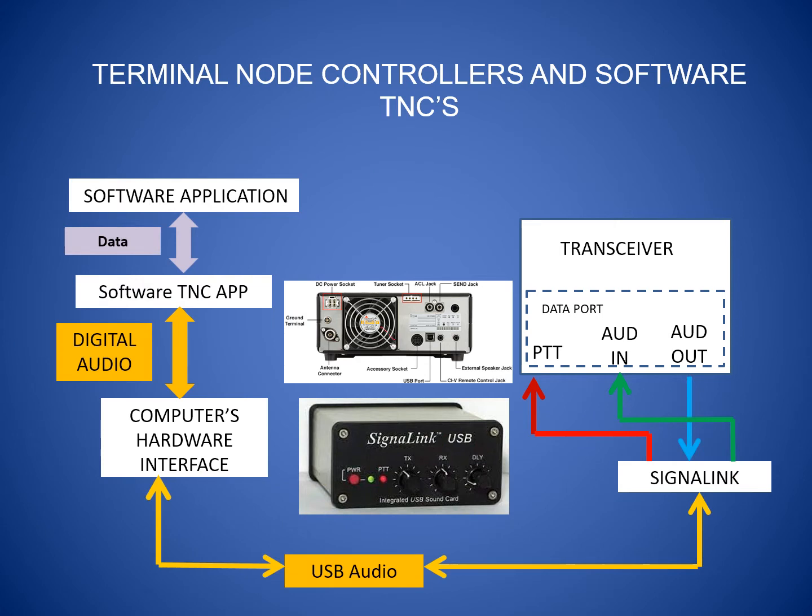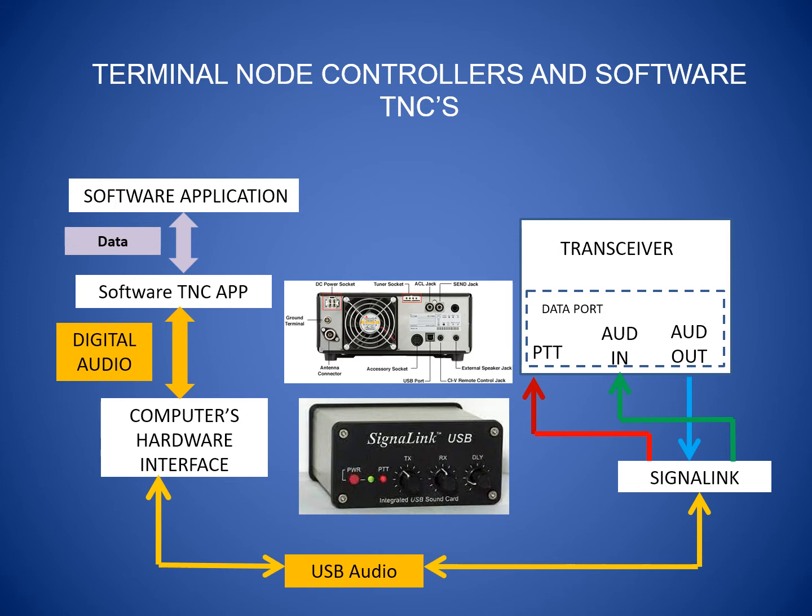In this diagram, we're showing the use of an external audio interface, and that may be either embedded within the back of the transceiver or in the transceiver, or it may be an external audio interface like a SignaLink. But as you can see, the packet software application sometimes cannot encode all the information. So a secondary app is used, which is called a software TNC, and we'll be exploring software TNCs in a later presentation.